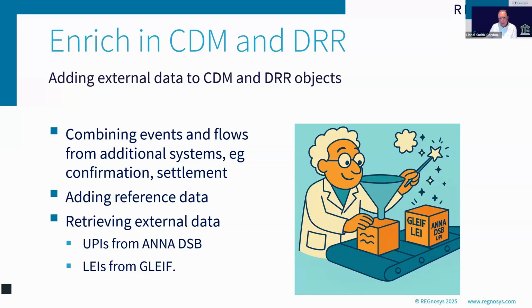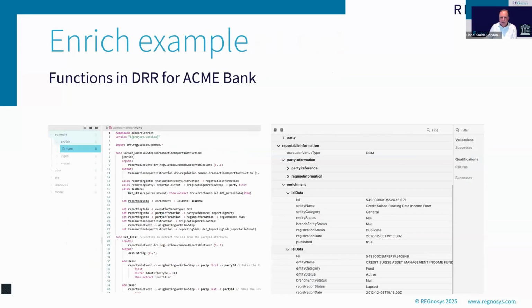Again, in the Acme model, we have some examples of this. You can find these in Acme DRR. There is a set of enrich functions shown in the screenshot on the left here, which can enrich data for LEI. And then you can see on the right the enrichment in the CDM, with the data being pulled in from the GLEIF database.